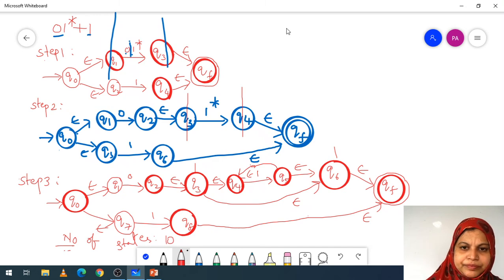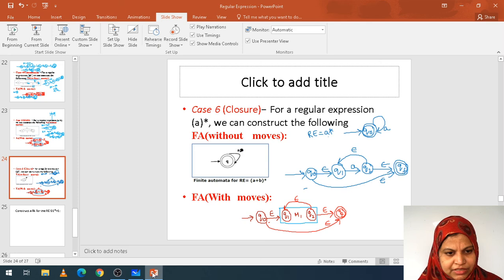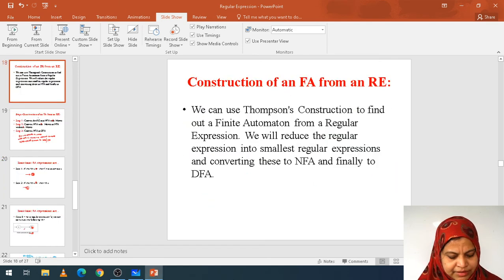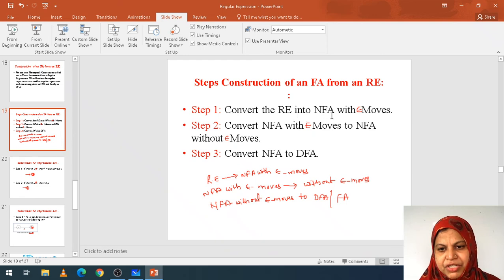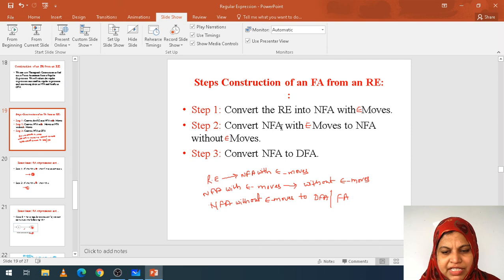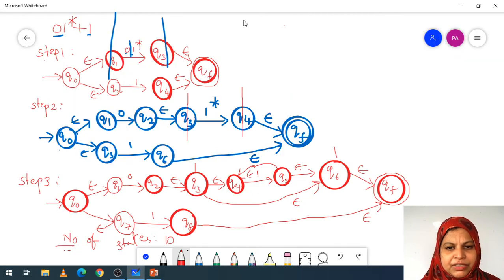See here. While we are going to convert any NFA to DFA, what is my first step? First step is convert this regular expression to NFA with epsilon moves. So up to here, step 1, conversion of RE to NFA with epsilon moves is completed. Next is convert this NFA with epsilon moves to without epsilon moves.